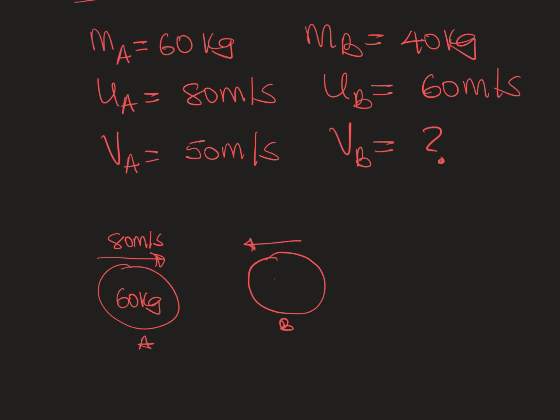Its mass is 40 kilograms and its initial velocity is 60 meters per second. So body B is going to move towards the left. This is the situation before collision.